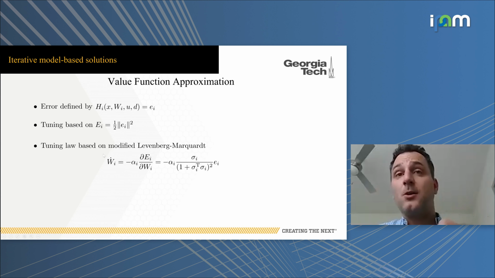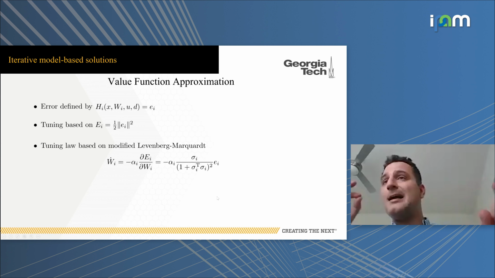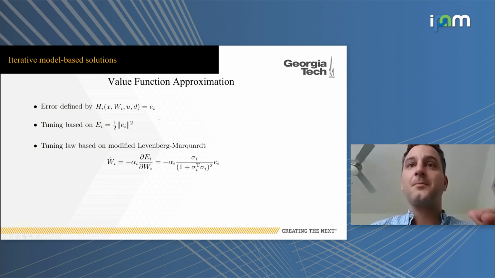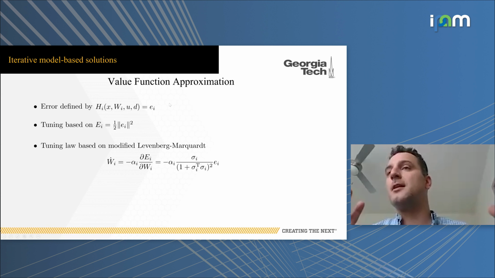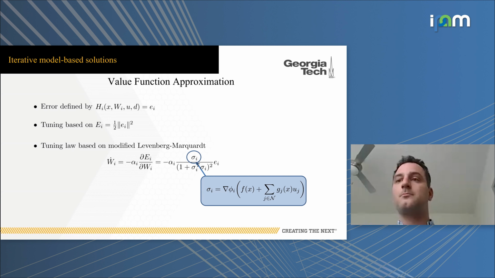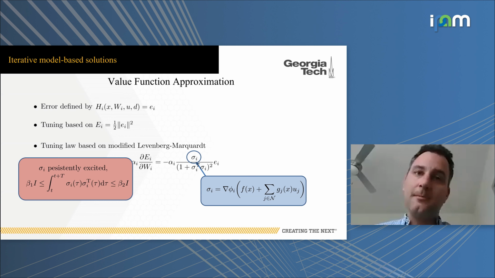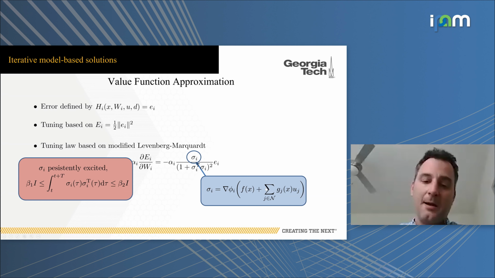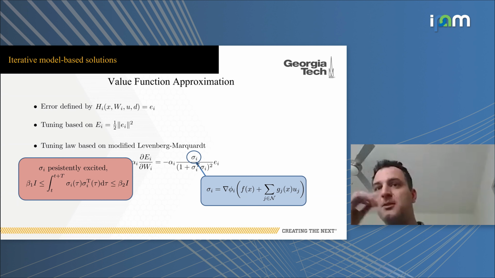Okay, so with this WI dot, I learn how good my controller is. So in other words, this is the critic. Eventually, if my EI goes to zero, then I have solved my Hamilton-Jacobi-Isaacs equation. And again, this sigma I, for now, will depend on the dynamics. You will see soon that they will not depend on the dynamics.